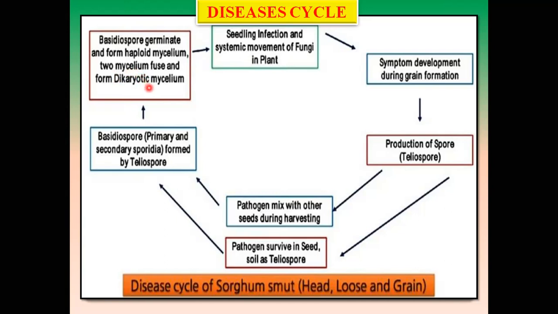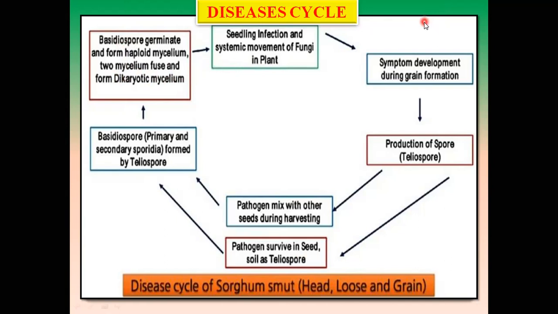by dikaryotic mycelium, and this dikaryotic mycelium infects the young seedlings of the sorghum. So these young seedlings develop the earheads, meaning these basidiospores infect the developing grains.